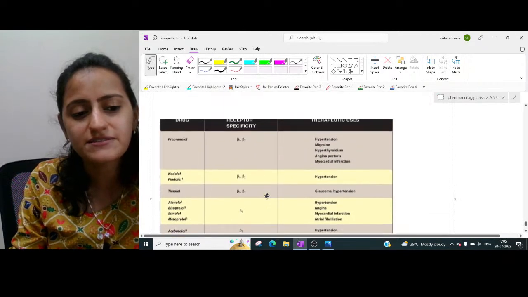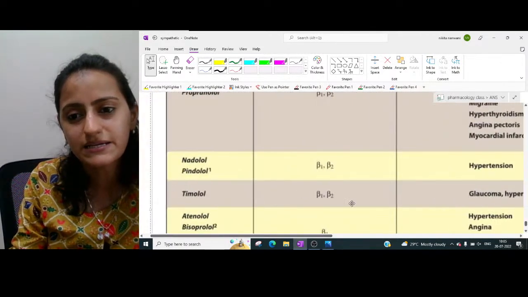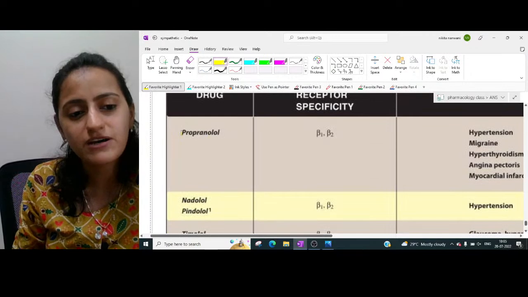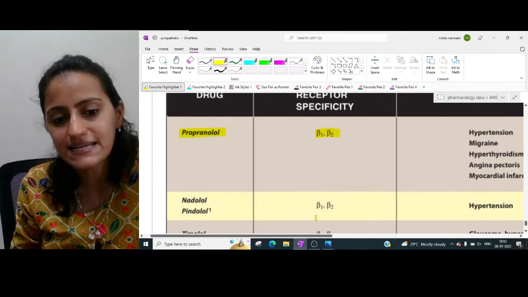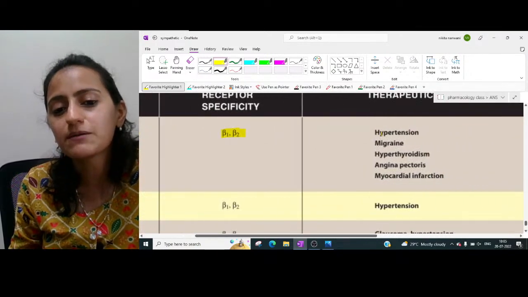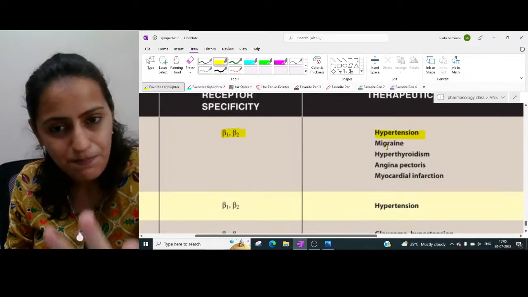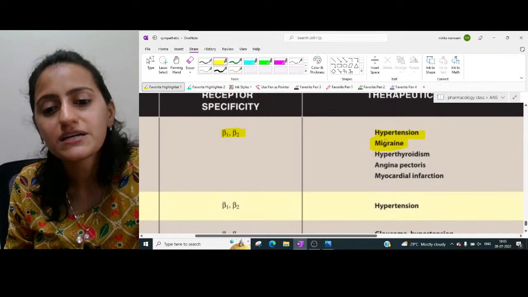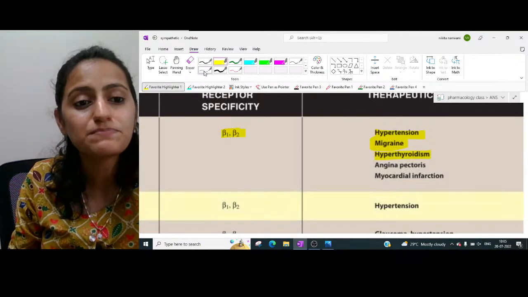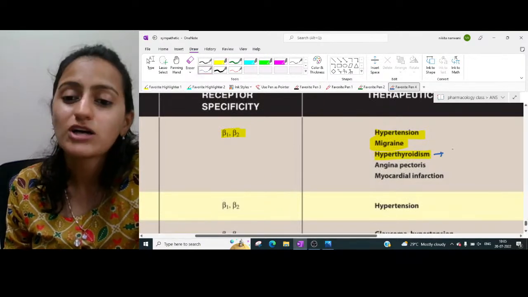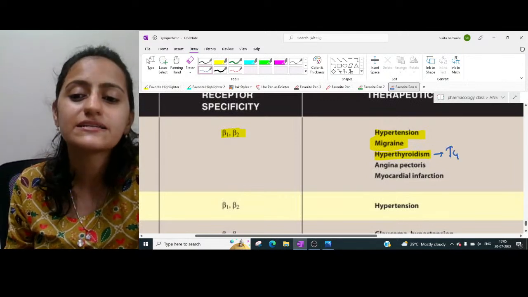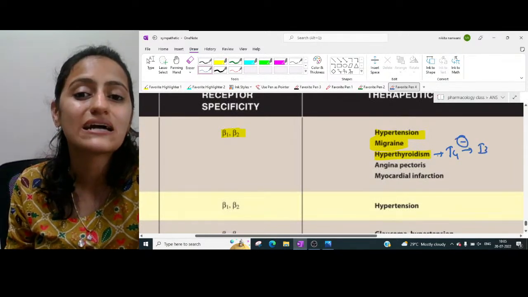Remember, these are the various uses of beta blockers. Let's quickly revise this. Propranolol is non-selective, right? Where do we use beta blockers? Hypertension. They decrease the blood pressure, depressing the heart. Very important. Remember migraine also and hyperthyroidism also, because propranolol specifically decreases T4 to T3 conversion.